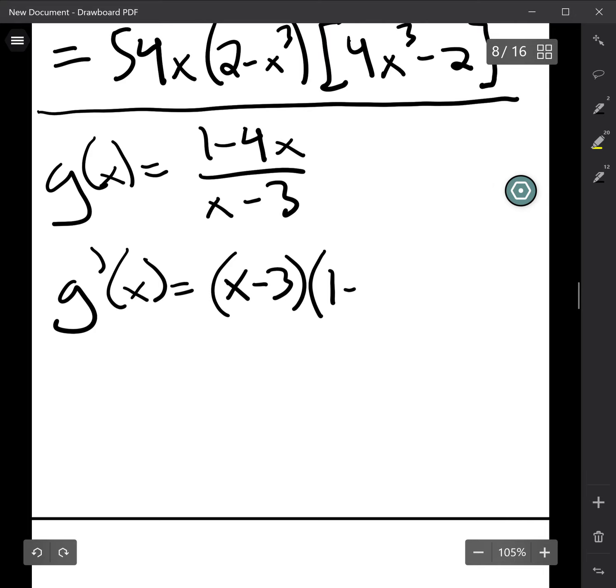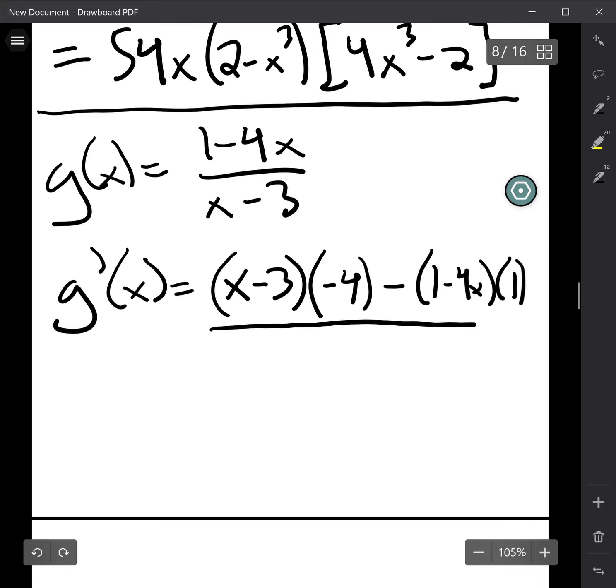Low times d high, the derivative of the top is minus 4. So low d high minus high, 1 minus 4x, times d low. The derivative of x is 1, and the derivative of negative 3 is 0. So low d high minus high d low, all over the square of what's below.